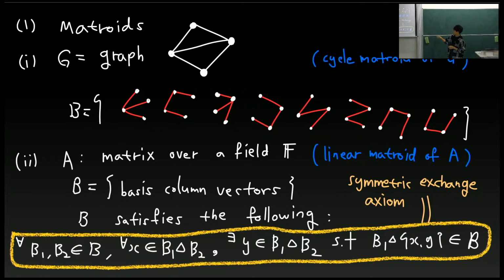Whatever we choose, B1, B2 in the collection and given any element X in B1 delta B2, which means the symmetric difference of B1 and B2, we can choose an element Y in B1 delta B2 such that the symmetric difference of B1 and the set {X, Y} is again contained in the collection B. We say that this property is the symmetric exchange axiom.